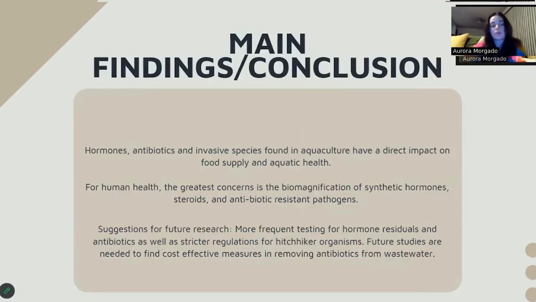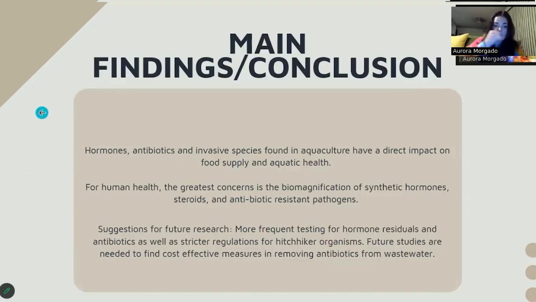And for the main conclusion of this presentation, hormones, antibiotics, and invasive species found in aquaculture have a direct impact on food supply and aquatic health. For human health, the greatest concern is the biofragmentation of synthetic hormones, steroids, and antibiotic-resistant pathogens.